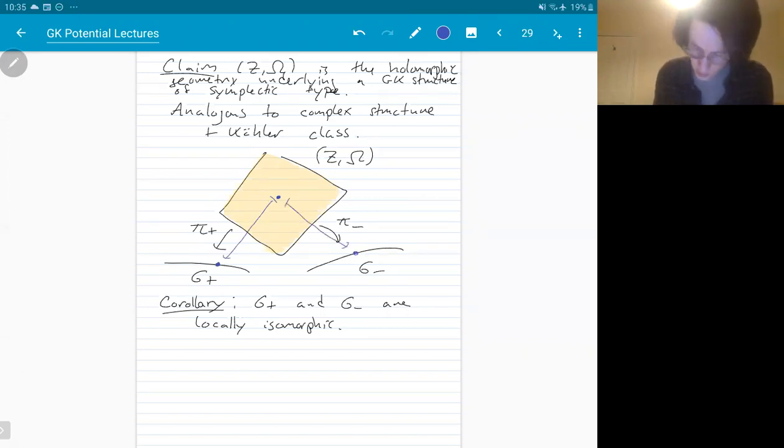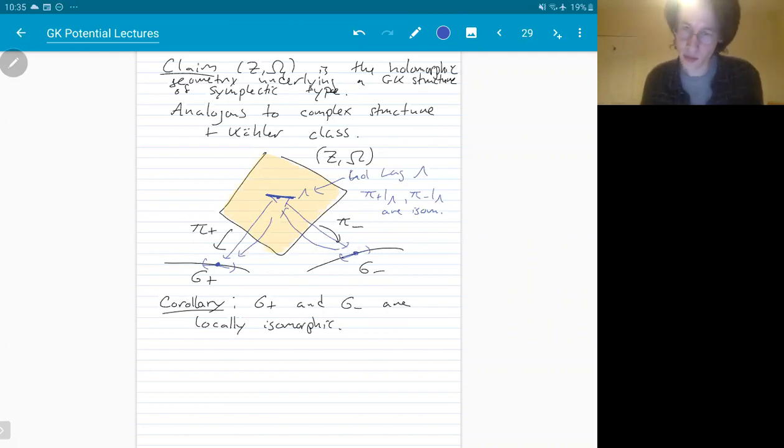Then you choose a little holomorphic Lagrangian submanifold lambda such that pi plus restricted to lambda and pi minus restricted to lambda are local isomorphisms to some open sets. If you do that, then you can invert one of them. You can go backwards and then down, and that will be an isomorphism between the Poisson structures.